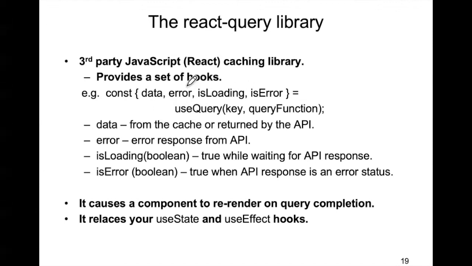These two things are just Booleans. The isLoading Boolean is what we can use in our React code to decide what we should render while we are waiting for TMDB to respond back with the data.